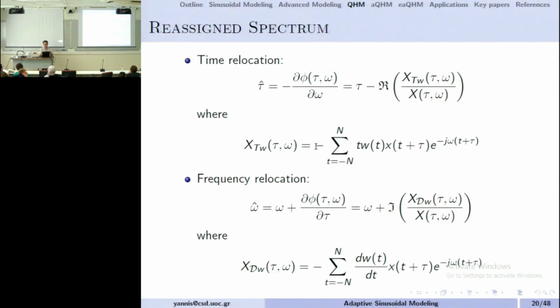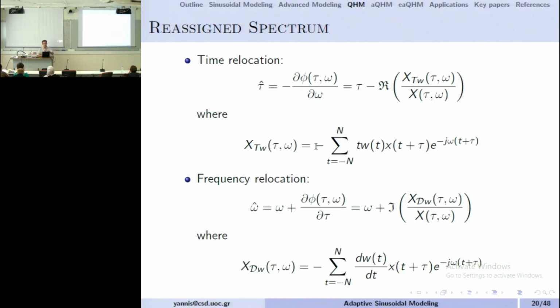This is a reassigned spectrogram. Again, it relates to ρ1 and ρ2. What is the reassigned spectrogram? You start with a spectrogram, and then you move your estimation a bit over frequency and over time, and you group things together, so you have an enhanced spectrogram. This is the reassigned spectrum, because you reassign new values in the time-frequency bins.